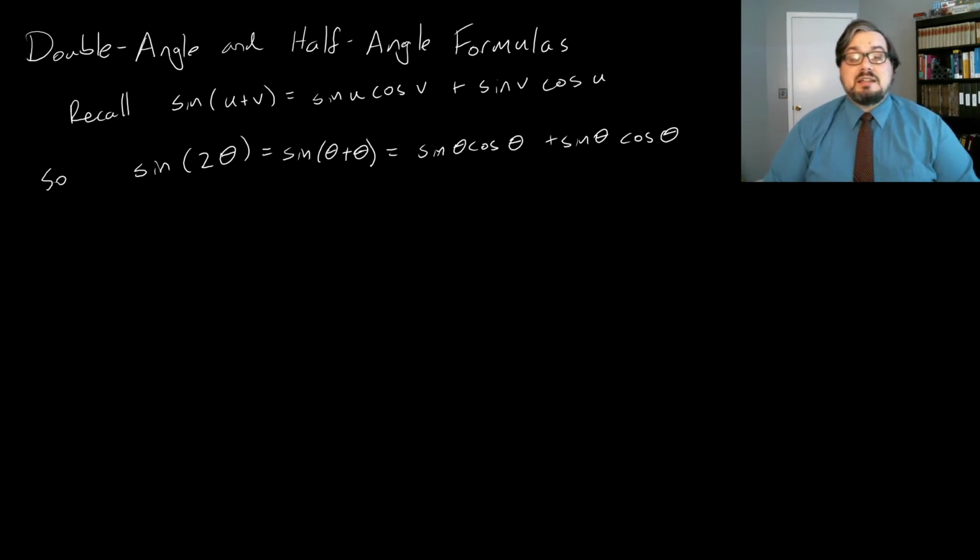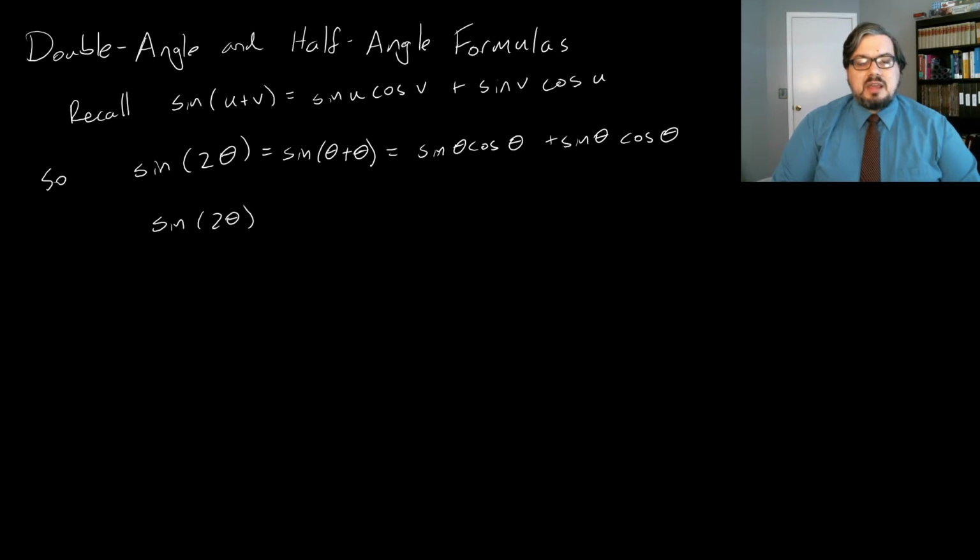And all we've done here is we've used the formula for the sine of a sum of angles and applied it in the situation where both those angles happen to be the same, happen to just be theta. So we get that sine of 2 theta is equal to 2 times sine theta times cosine theta.